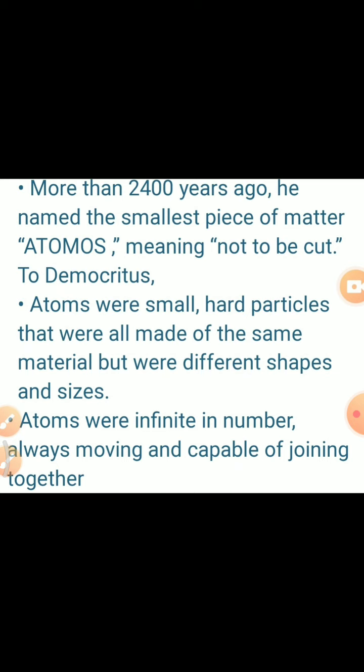Second, atoms were small, hard particles made up of the same material but with different shape and size. Atoms were infinite in number, always moving and capable of joining together.